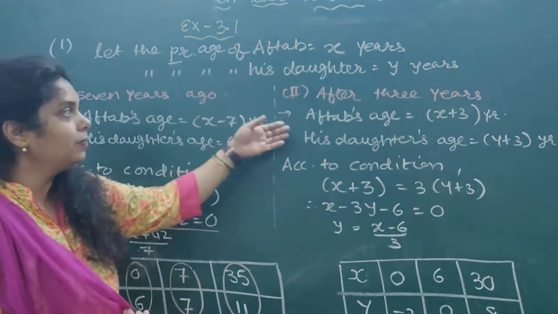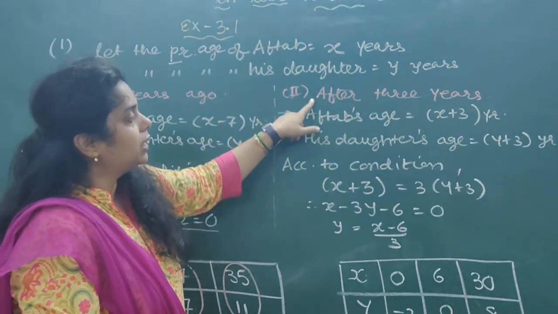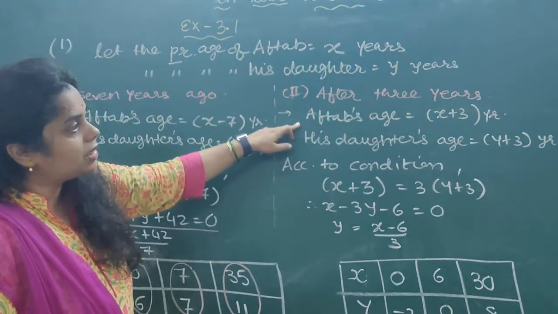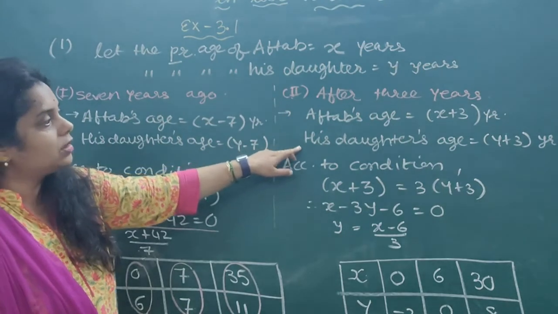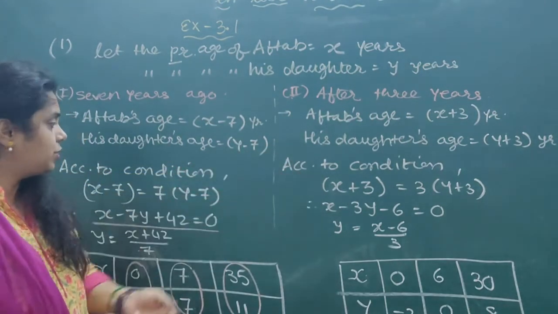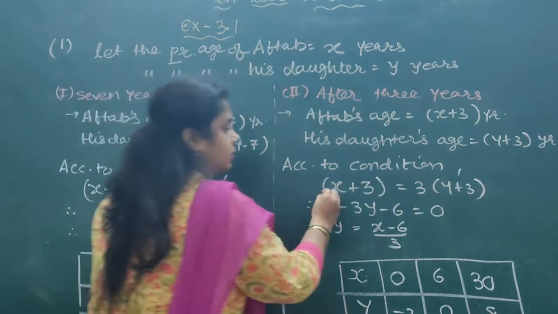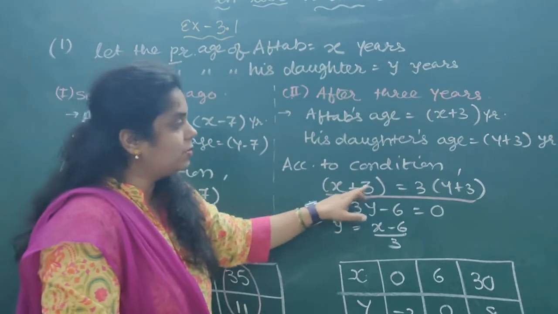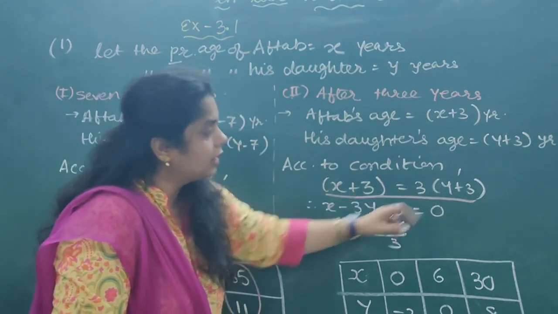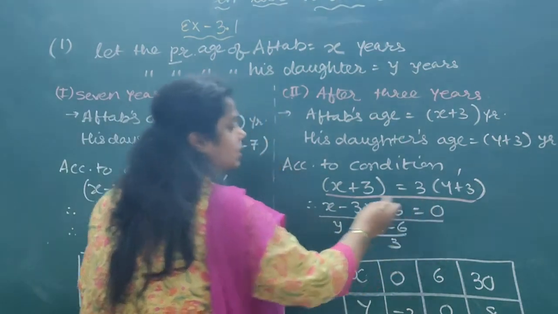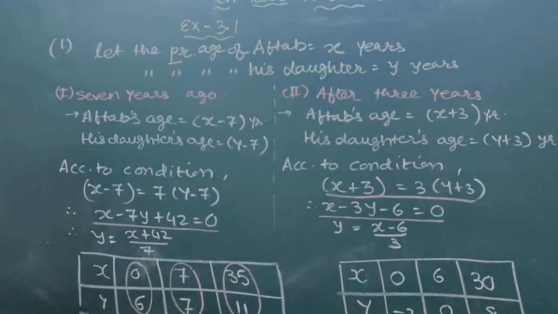Now move towards the second condition, in which it is after 3 years. After 3 years, Aftab's age is x plus 3 years, his daughter's age is y plus 3 years, and according to the situation, his age will be 3 times his daughter's age. And finally I got this equation, x minus 3y minus 6 is equal to 0.